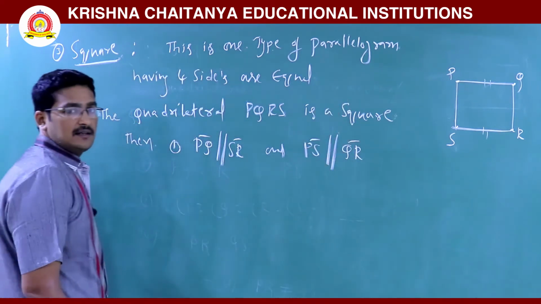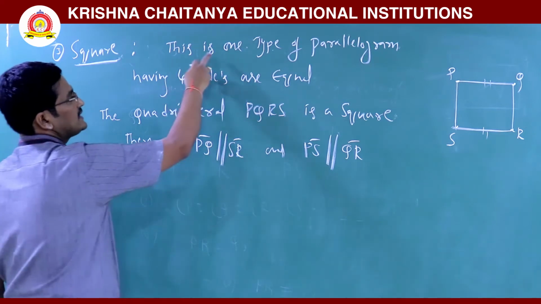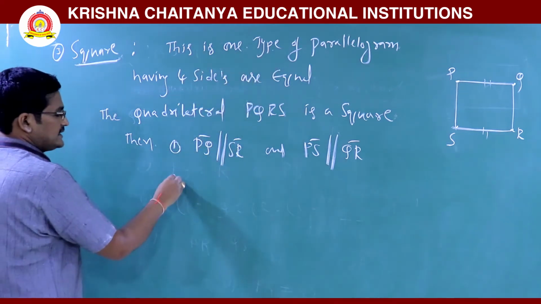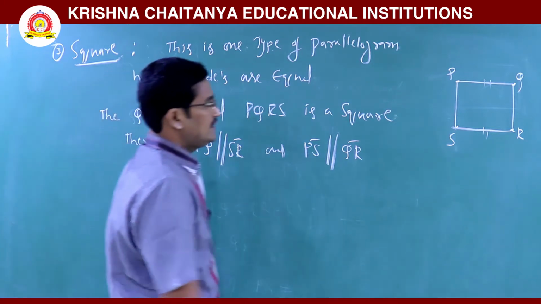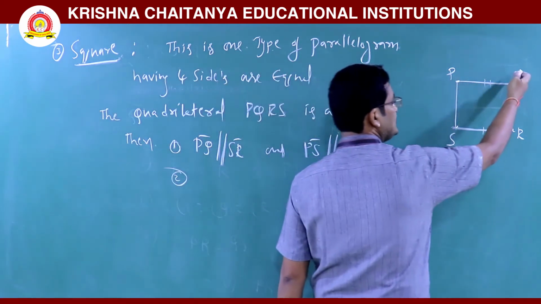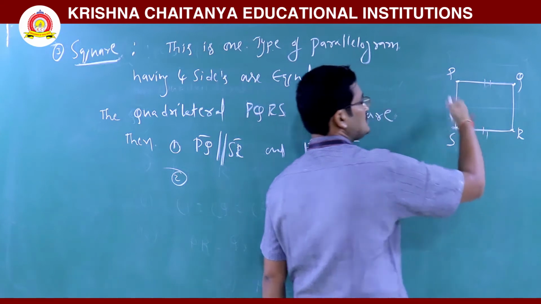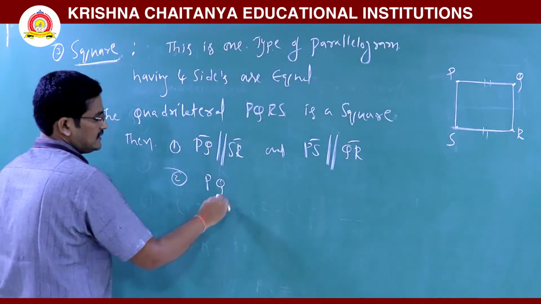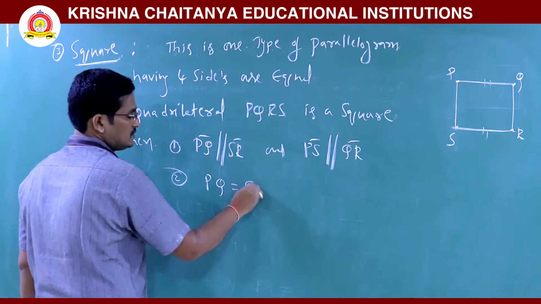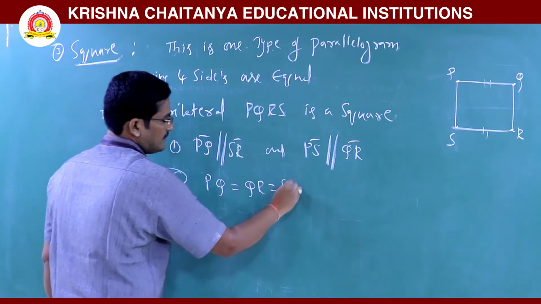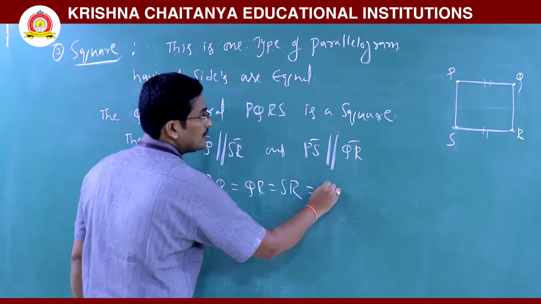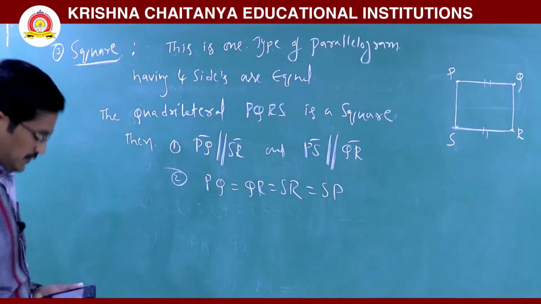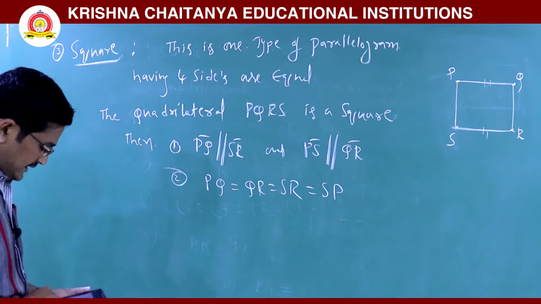Opposite sides are parallel. So we have to say this is also one type of parallelogram. The next condition is, here four sides should be equal. PQ is equal to QR is equal to RS is equal to SP. So the second condition is the lengths of four sides PQ, QR, SR, SP should be equal. That is the second condition.